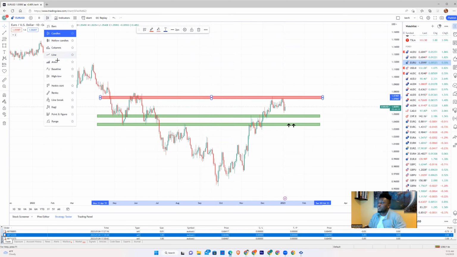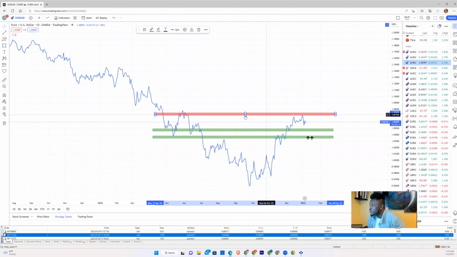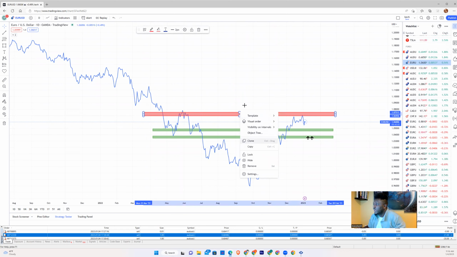Most of the time I'll switch to the line chart just to see for myself exactly what's going on. And I'm just going to adjust this, adjust it just to make sure I have some good areas.